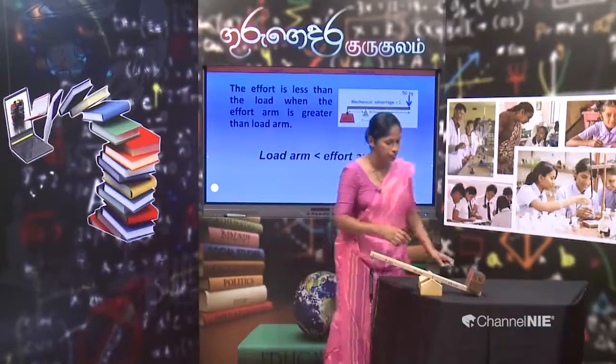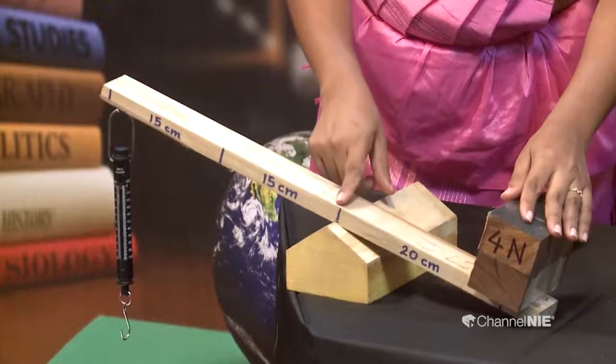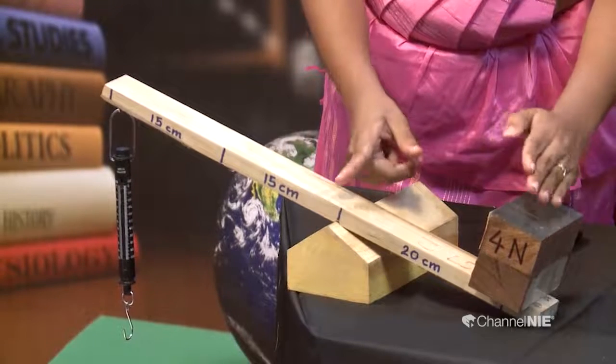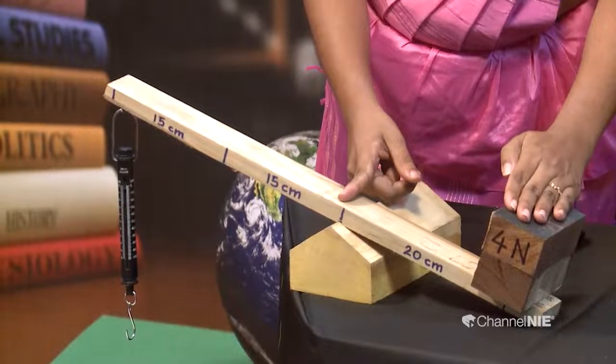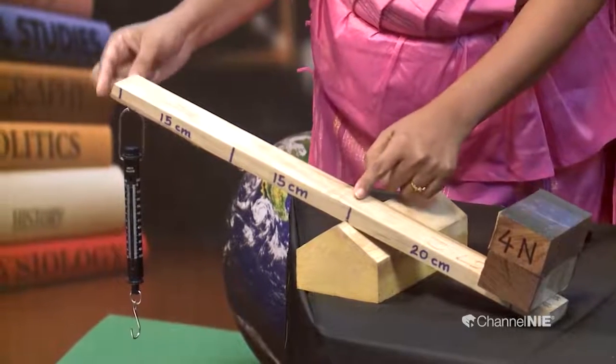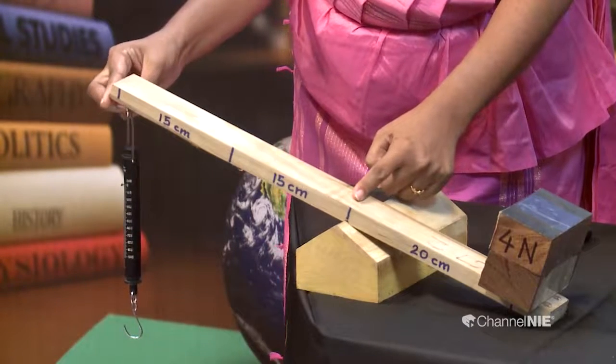Okay. Now, we did the activity and let us summarize it. The distance between the load and fulcrum. This point acts as the fulcrum. Distance between load and fulcrum is the load arm, and distance between fulcrum and effort is the effort arm.